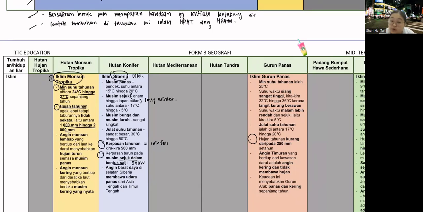Okay, for gurun panas, right? Normally you could talk about the day and night. Day, very hot, 32 to 36. Night, very cold, around 5 degrees Celsius. And this is how it affects the plants. Why is there only cactus? Because the rain is very little. Okay.